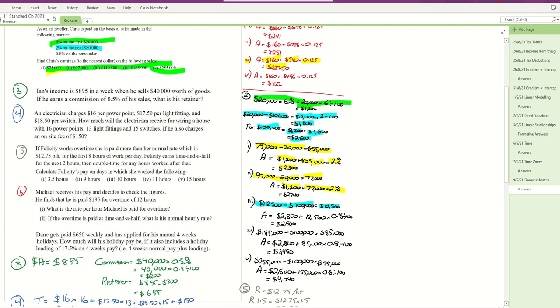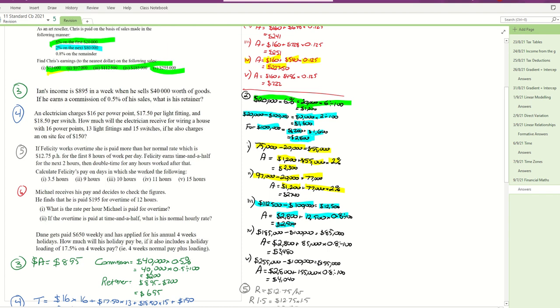The amount we're going to get paid is the amount for $100,000, which is up here, $2,800, and then an extra $12,500 times 0.8%, which is 0.8 divided by 100. Put that in my calculator, and I've got 2,900.